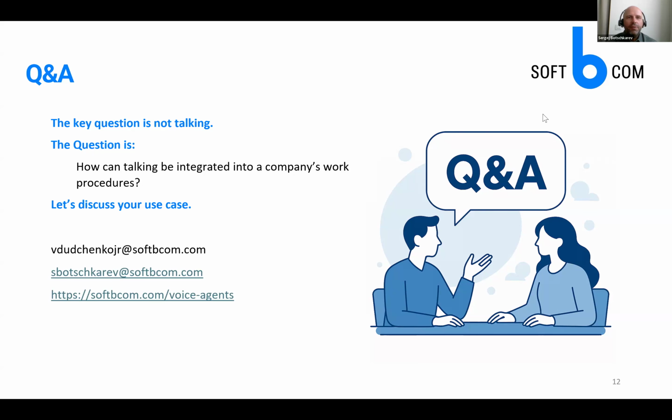Next question, what is the difference between you and other voice agent vendors? The most common use cases for voice agents are built around providing some existing information and collecting some initial information. If it's collection, this information is routed to a human. If it's information being provided, it's just taken out of a database and provided to the customer.